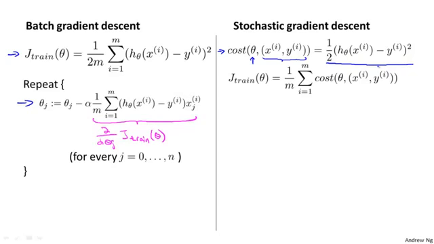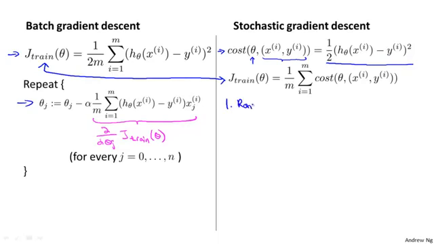Now you notice that the overall cost function J train can now be written in this equivalent form. So J train is just the average over my m training examples of the cost of my hypothesis on that example (xi, yi). Armed with this view of the cost function for linear regression, let me now write out what stochastic gradient descent does.